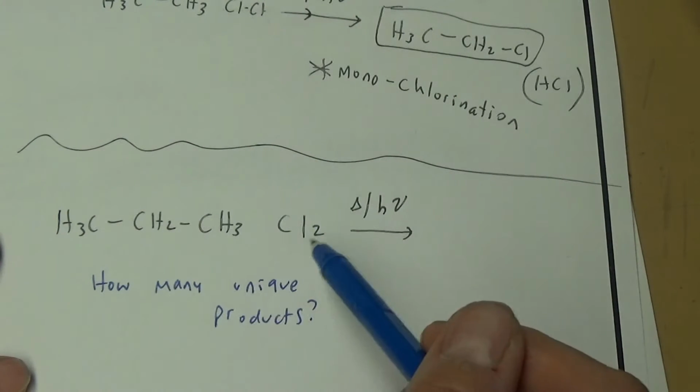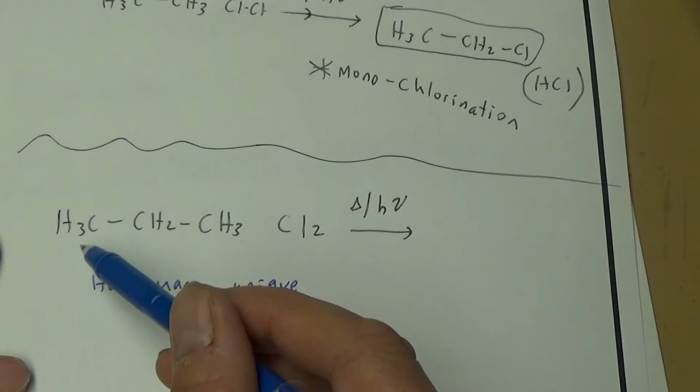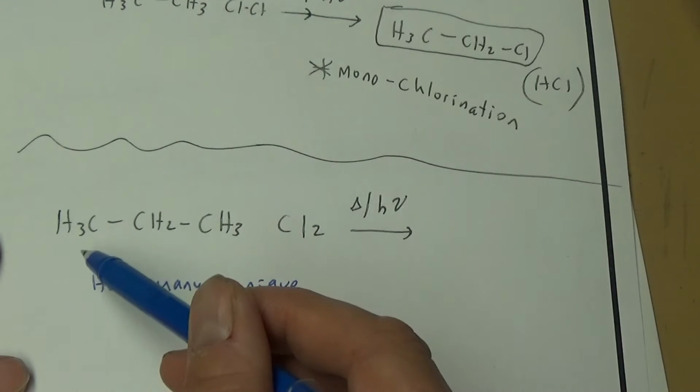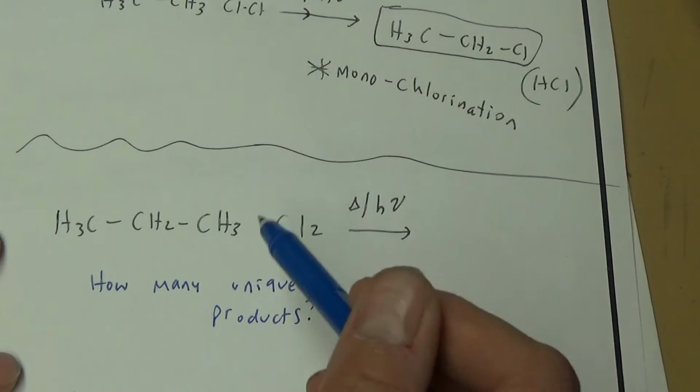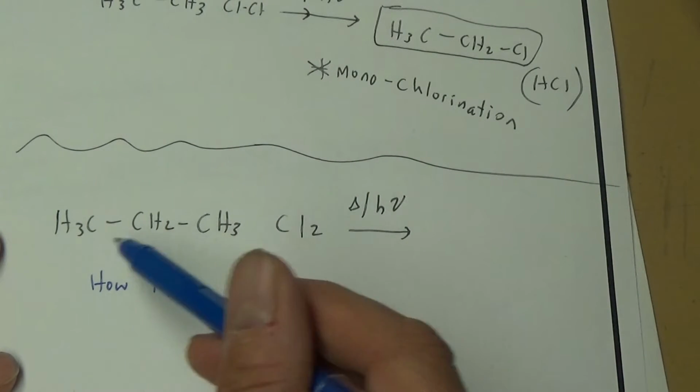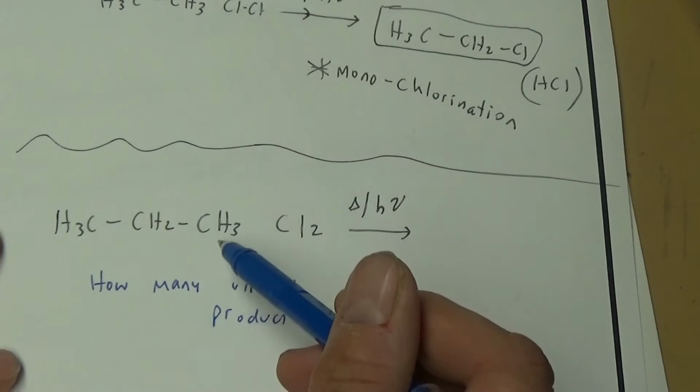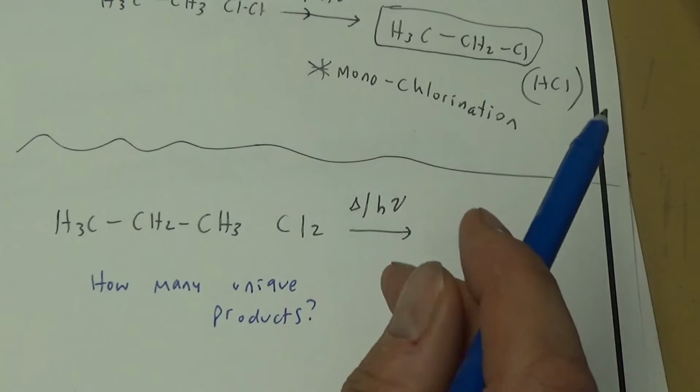The reason there's not 3 is because the end carbons are the same. Methyl on the left, methyl on the right, they're the same. And so there's only 2 products. One where the end ones get chlorinated, and one where the middle one gets chlorinated, right?